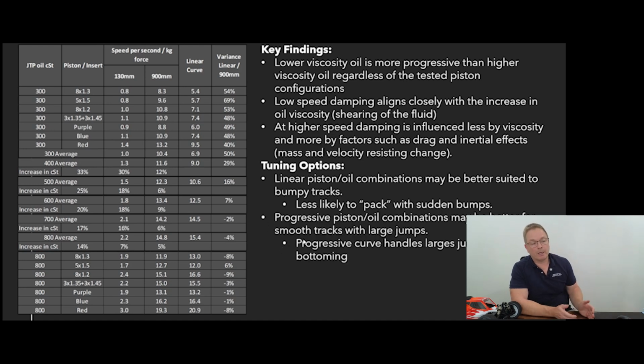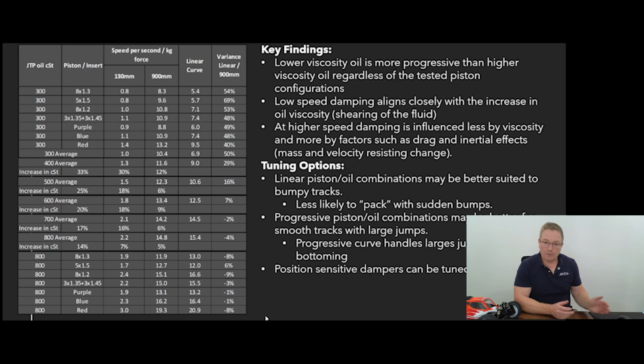And a progressive piston oil combination might be better for a smooth track with large jumps, which is again opposite. The only challenge with, say, a 5 by 1.5 is you may not get that initial amount of pack, or damping. I shouldn't use pack, damping. And obviously position sensitive can do both.